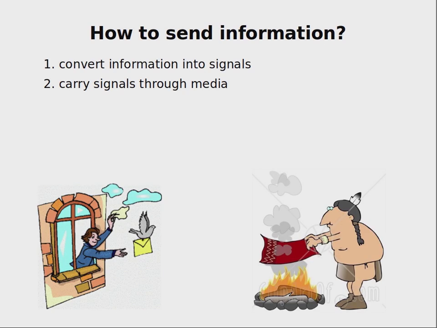So, what are the basics of networking? Networks are used to send information, and to send information you have to encode this information into signals. Any change you can transmit through some media, like a raised flag or lowered flag or explosion of a cannon or whatever, might be used to transmit just one single bit of information.